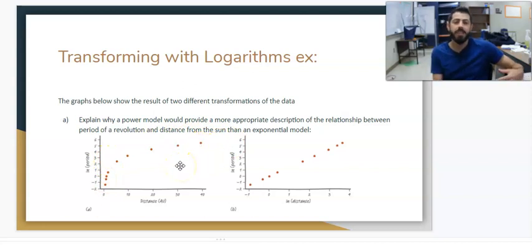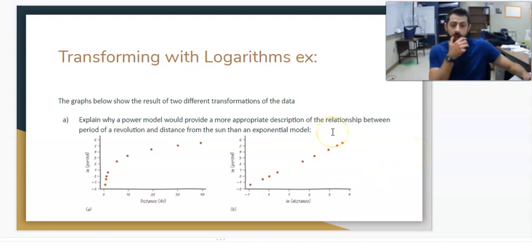We're trying to make something look linear. If we pick the right model to transform it to, then we will have a linear model. So when we compare these two, to figure out which one is the most correct assumption, we can look at which one is the closest to a straight line. Simply put, that would be option B. Therefore, we can assume that the best model to use in this case is a power model.